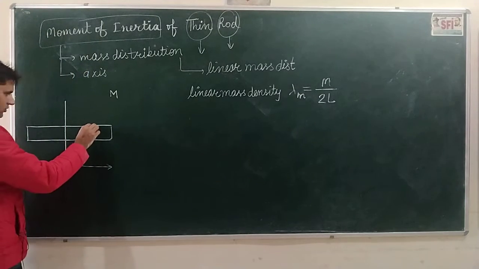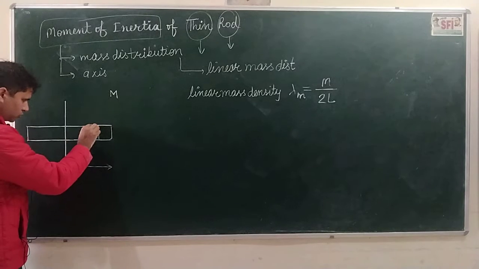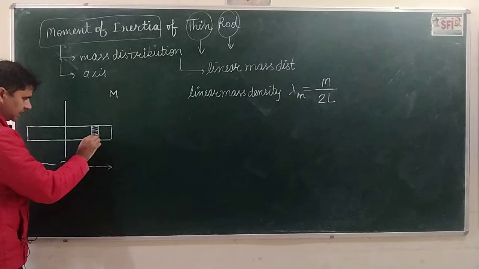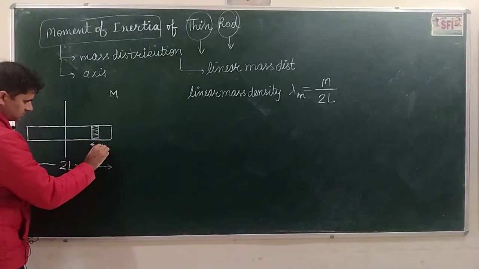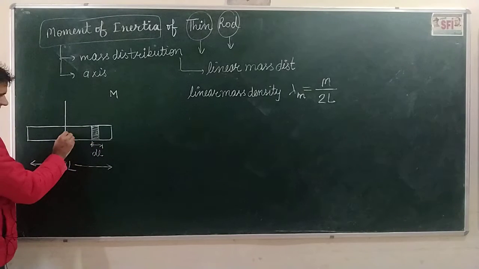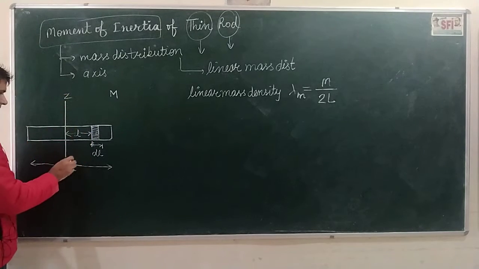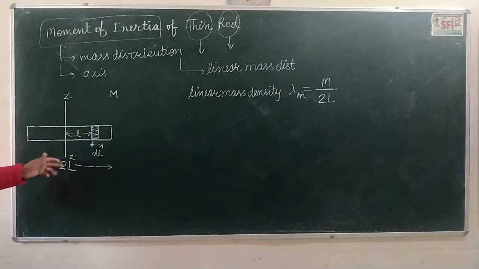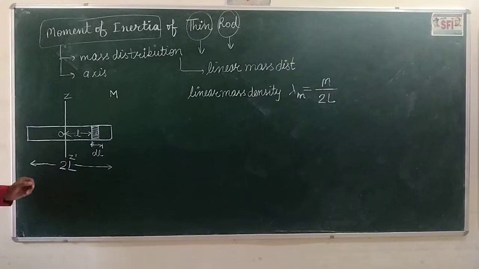Now what you will do, you will divide this rod into elementary length elements of length dl, and suppose this is at a distance of small l from the axis of rotation. This is the z axis. It is passing through the center of mass of the rod and perpendicular to its length.